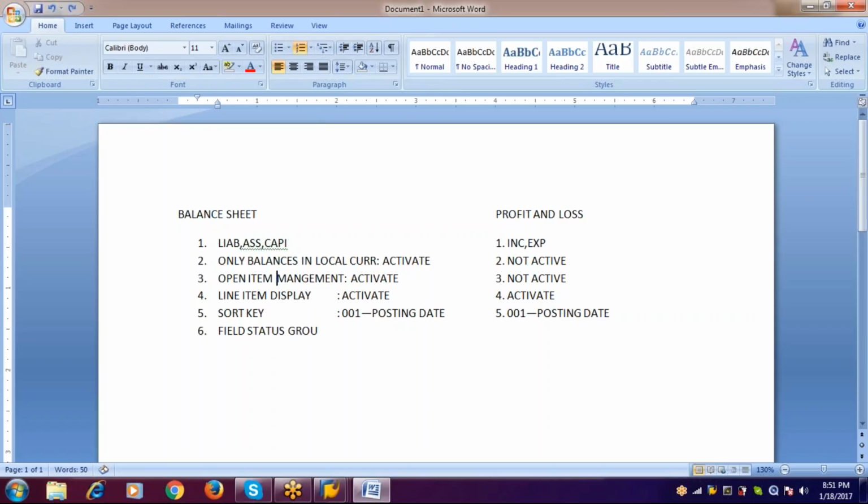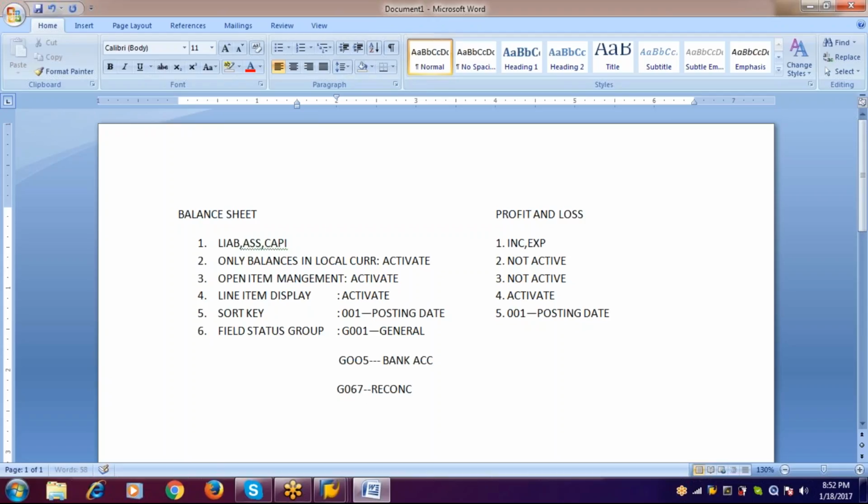Here we can have multiple different types of field status groups. The ones we generally use are G001 for general, G005 for the bank accounts, and G067 for the reconciliation accounts.